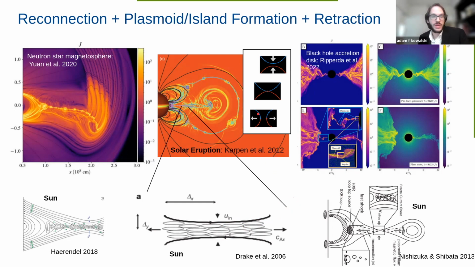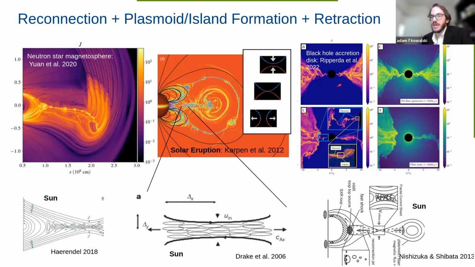Simulations of reconnection in other astrophysical scenarios are also showing these plasmoid structures. On the left is a simulation of a neutron star magnetosphere, where the plasmoids are these little knots here in the reconnection region, or in the neutron star. And on the right is a simulation of an accretion disk around a supermassive black hole, where they zoom in and point to specific plasmoids.